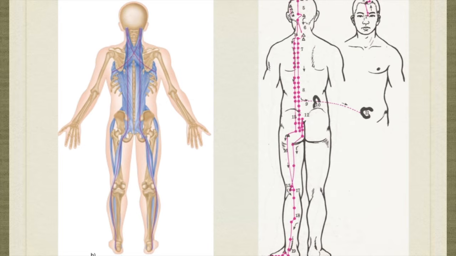Anybody who does body work or has studied fascia knows what we're talking about here, but it's a modern anatomical distinction. There's a band of fascia that runs from the ankle all the way up to the base of the skull, and it follows a pathway that to me looks remarkably similar to what we would call the urinary bladder channel in Chinese medicine.